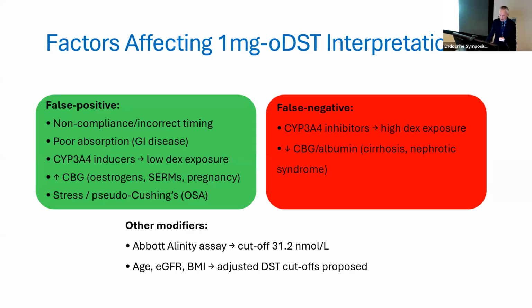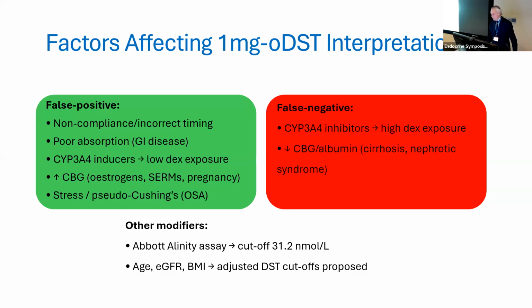So, for instance, non-compliance. The test is normally carried out at home. Have patients taken it at the right time? Have they taken the tablet at all? Is it absorbed? Do patients take other medications that induce liver enzymes? Or is cortisol binding globulin increased due to exogenous estrogen, etc.? Or is it due to stress or pseudo-Cushing's or patients with obstructive sleep apnea, for instance?